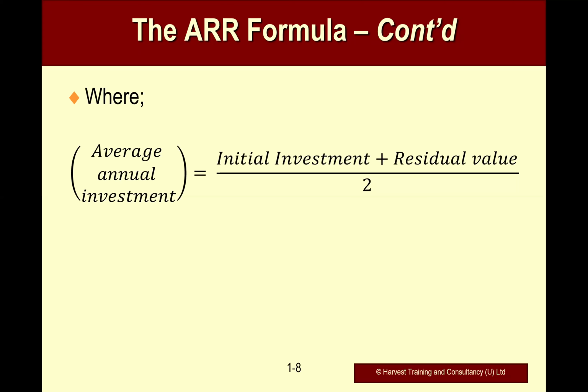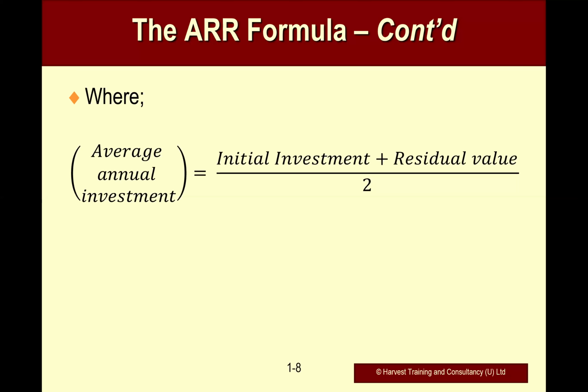But for this one, we are dividing by 2. So we get the initial investment plus the residual value, divided by 2.